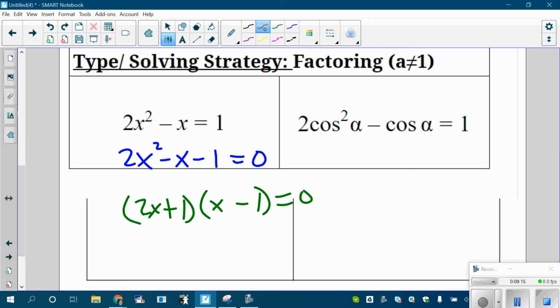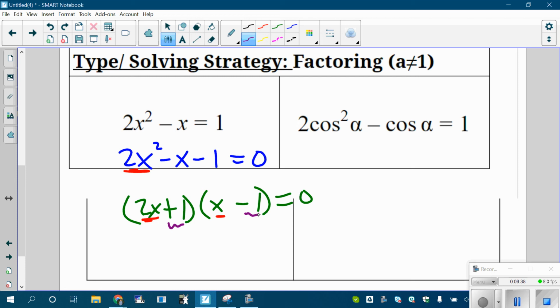It is me just thinking about how factoring works and figuring out how it factors. This is what I did. Ready? I said I know that the first 2 things have to multiply to 2x squared, so I put a 2x and an x, because that's what's going to multiply to 2x squared. And when I was trying to think about these 2 numbers, I said they have to multiply to negative 1.